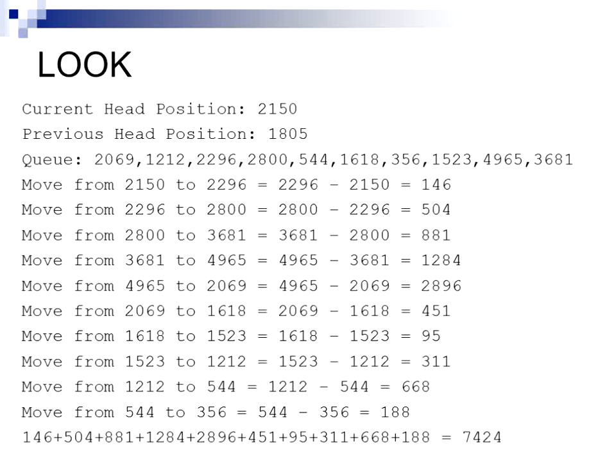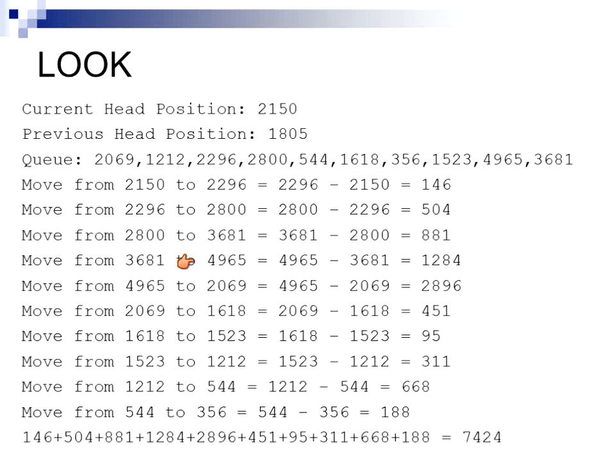So we start off the same way, where we access 2296, followed by 2800, followed by 3681, followed by 4965, and now the difference is we're not going to go all the way out to 4,999.